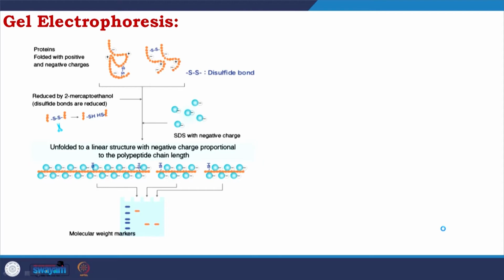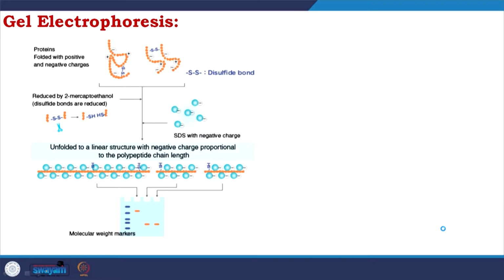When you add mercaptoethanol, it is reduced. If it has the disulfide bond, that breaks, then you boil it. So, it is denatured. Again you add SDS which also helps it denature, but more importantly SDS being a negatively charged ion, now the entire protein is bound with SDS. So, all of them are negatively charged.